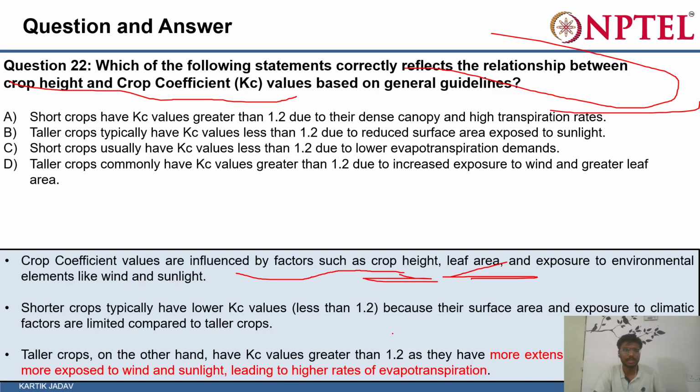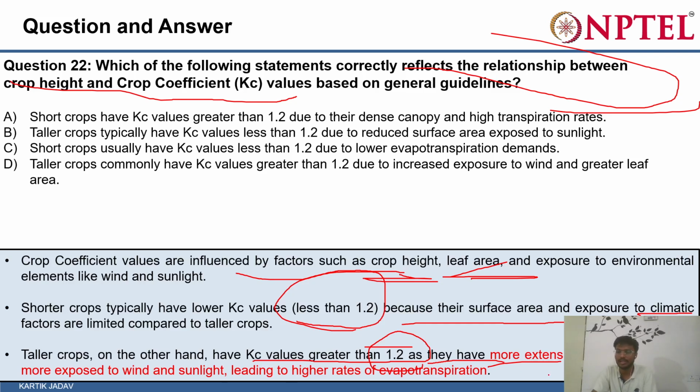So shorter crops typically have a lower Kc value, that is less than 1.2, because their surface area and exposure to climatic factors are limited compared to taller crops. Taller crops, on the other hand, have a higher Kc value, that is greater than 1.2, as they have more extensive leaf areas that are affected by atmospheric parameters. They are generally more exposed to parameters like wind and sunlight, which leads to higher rates of evapotranspiration.